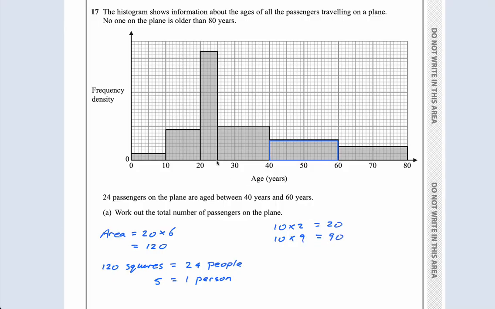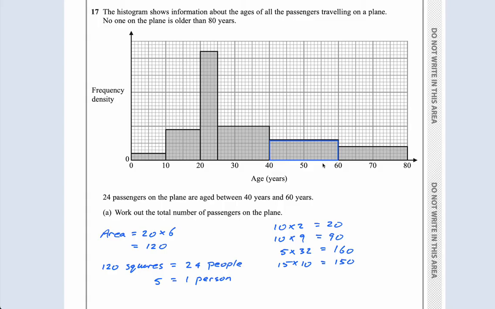This guy is 5 times, it's 5 times 5, 10, 15, 20, 25, 30, 31, 32. 5 times 32 is 160. Then this guy is 5, 10, 15 times 10. 15 times 10 is 150.